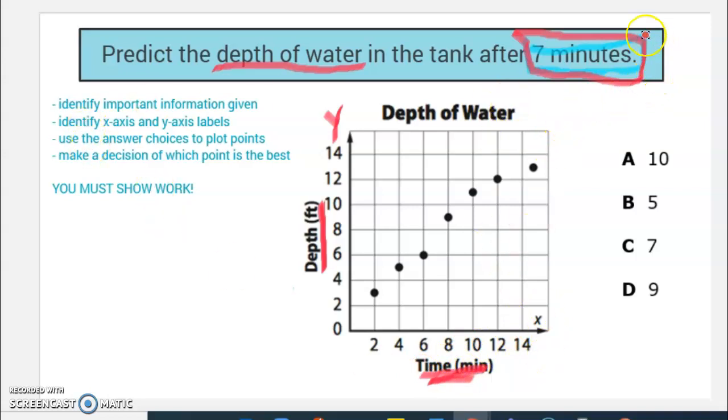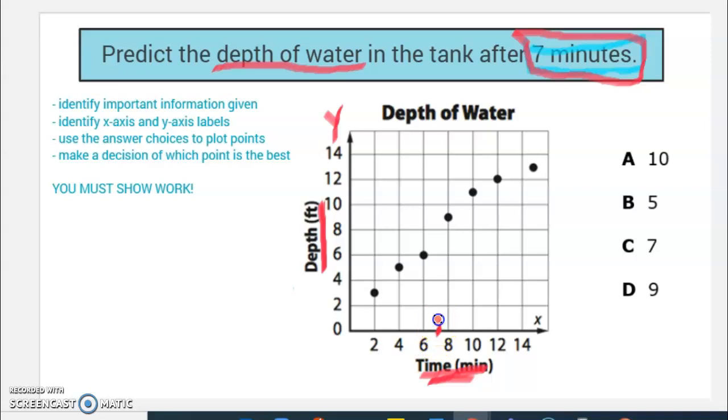Based off of the information that they gave me, I'm going to try to find the 7 minutes on my graph. I know that I have to look at my X-axis first, because the label of that is time in minutes. So I'm going to locate the 7. I know it's right here between the 6 and the 8.